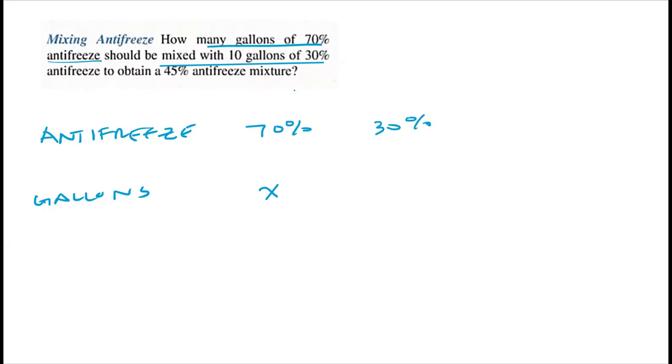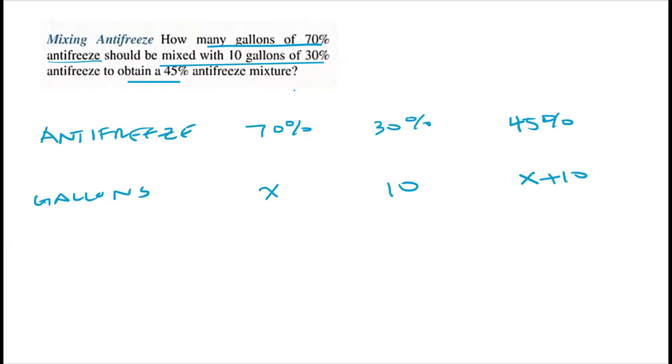To obtain 45% antifreeze mixture, so this is my output. I want an output of 45%. That means I need to combine these together to get that output, so I'll have X plus 10. This is part of organizing the information.